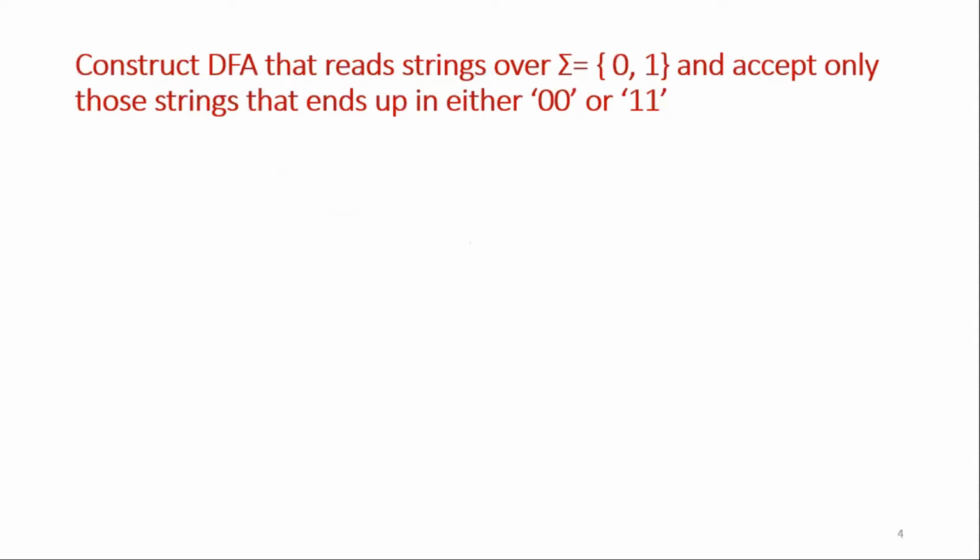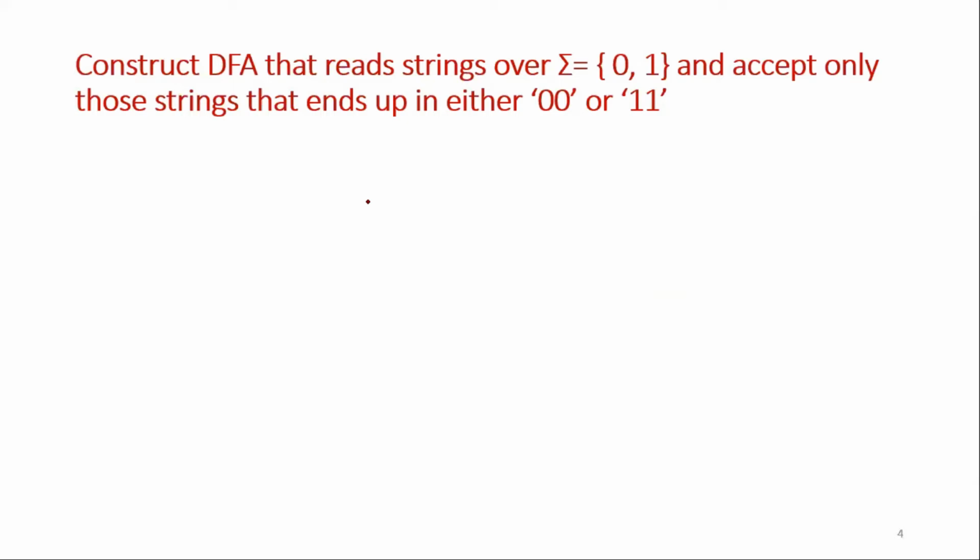Now let us see one example. Here we will construct a deterministic finite automaton. This automaton reads strings over sigma 0, 1 and it will accept only those strings that end in either 0 0 or 1 1.